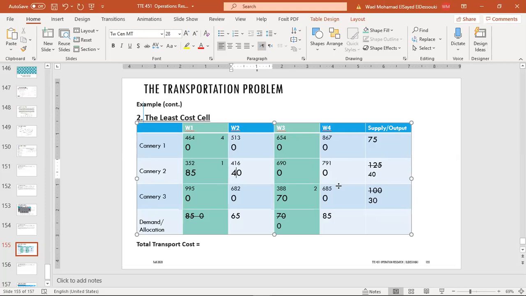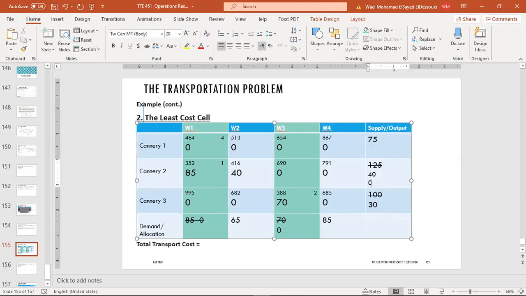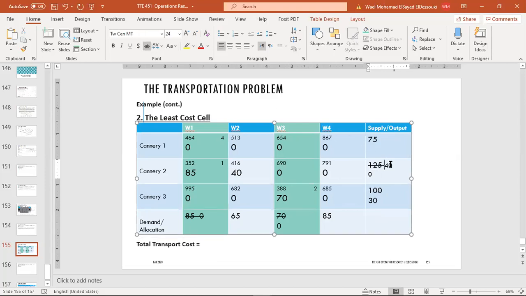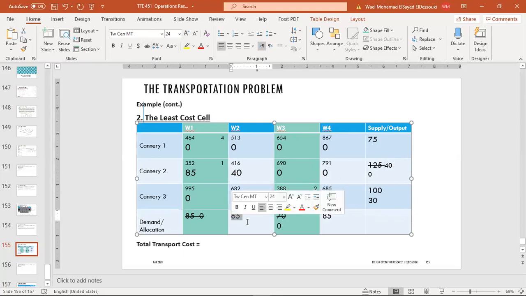So here we're gonna put 40. And this one is striked out. Correct? And this one is going to be 25, and the 65 is just striked out.